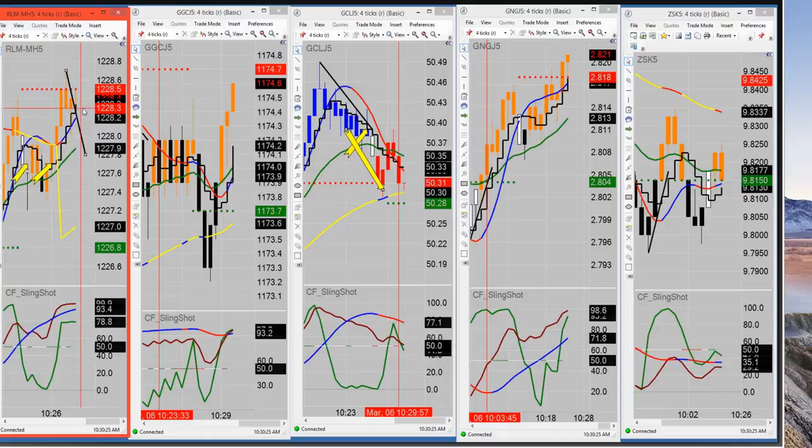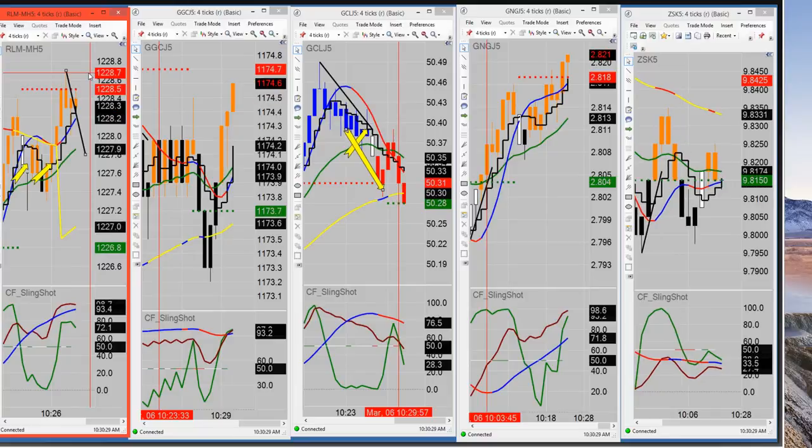All right, 28.3 is the low on this, 28.7 would be the high on the Russell. That'd be a momentum long trade.